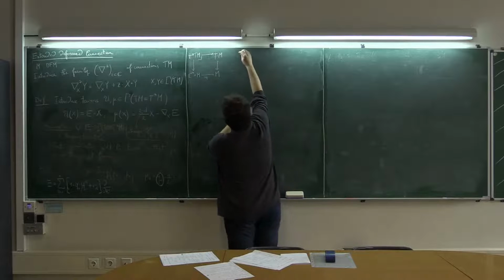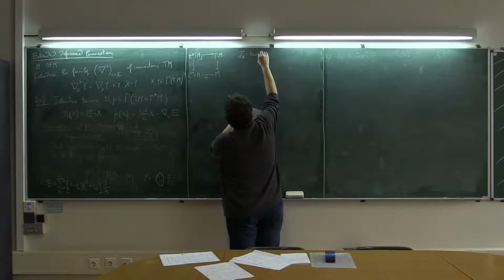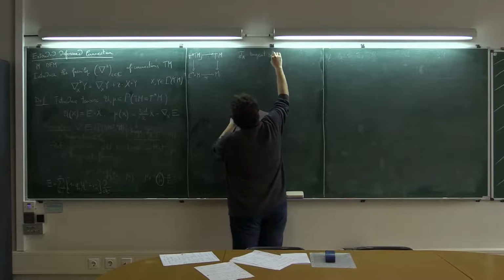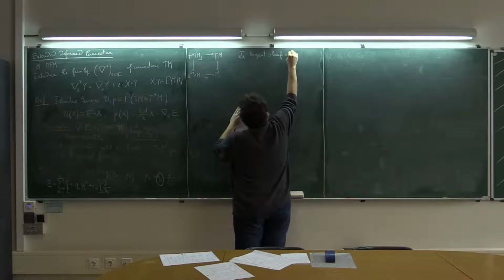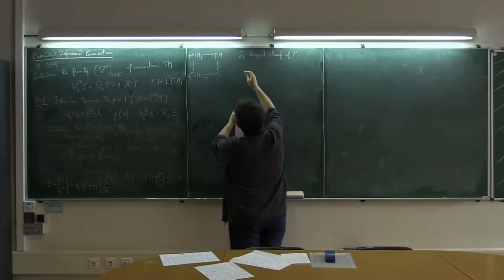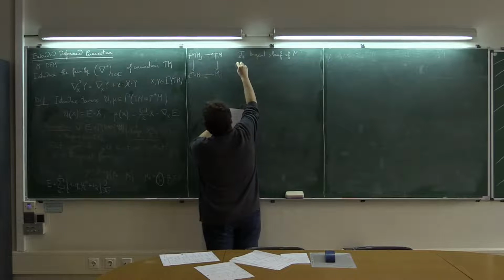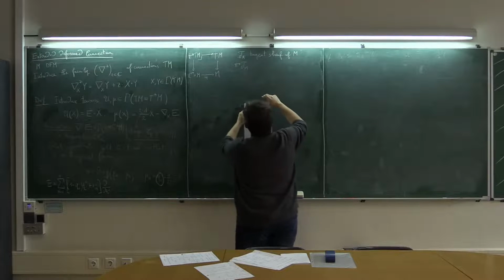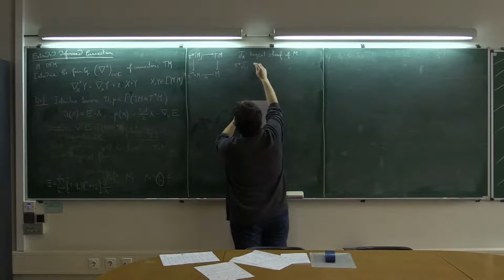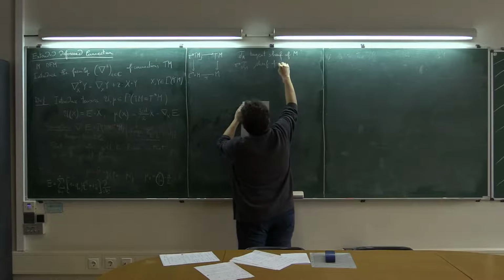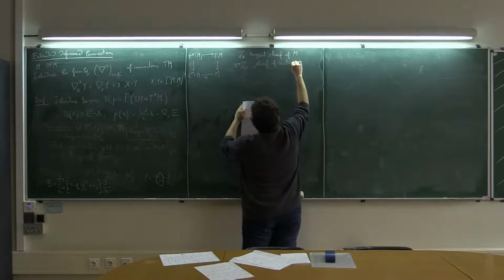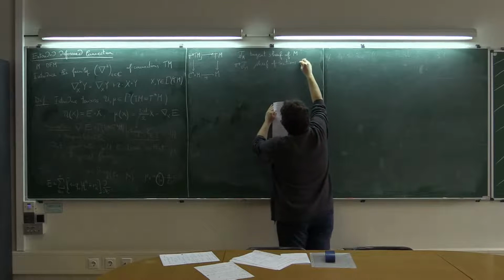So I will denote by T of M the tangent sheaf of M. As usual, pi upper star TM will be the sheaf of sections of the pullback tangent bundle.